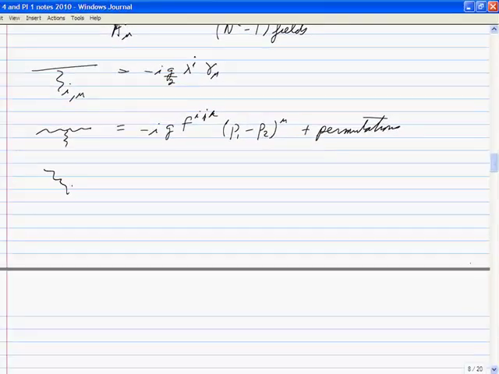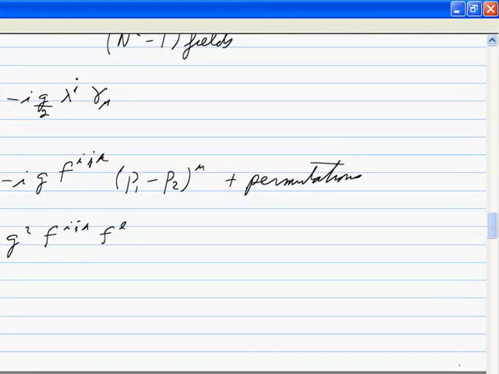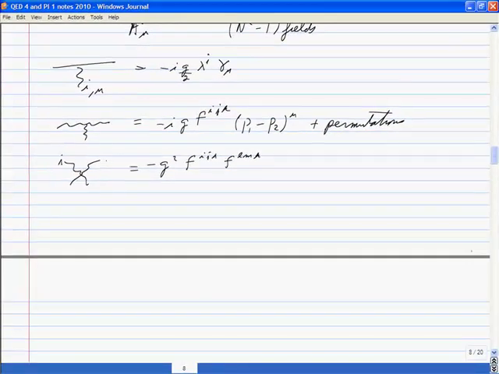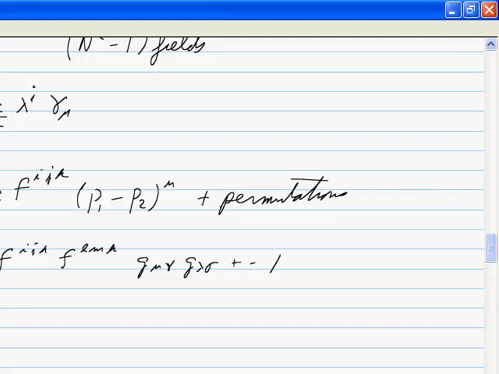And then the last one, there's a quartic one, like lambda phi to the fourth, except it's more complicated here. This has no derivatives. This is of order g squared. It's minus g squared f^{ijk} f^{lmk}. So there's four symbols, and there's some g^{mu nu} g^{lambda sigma}, plus perms.